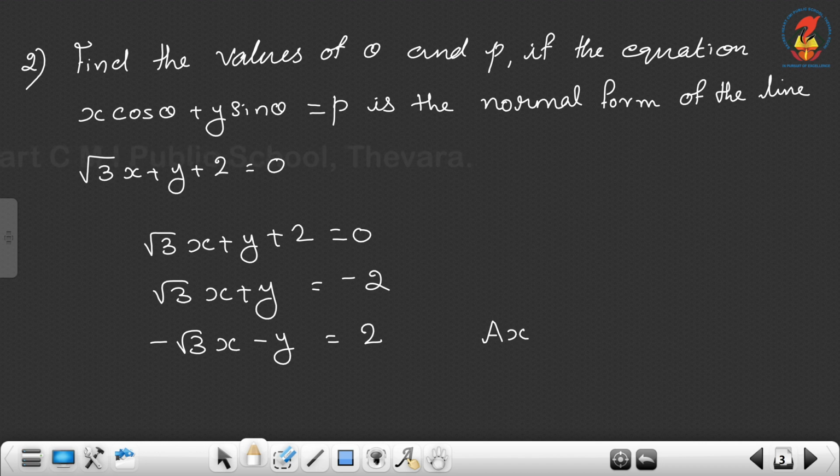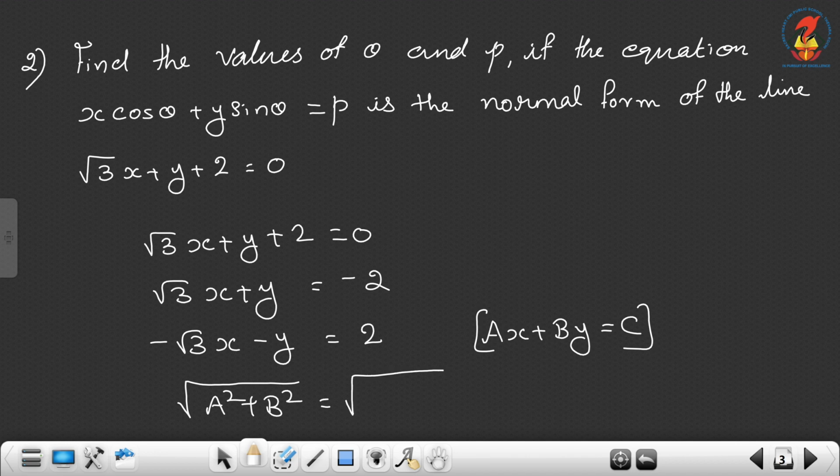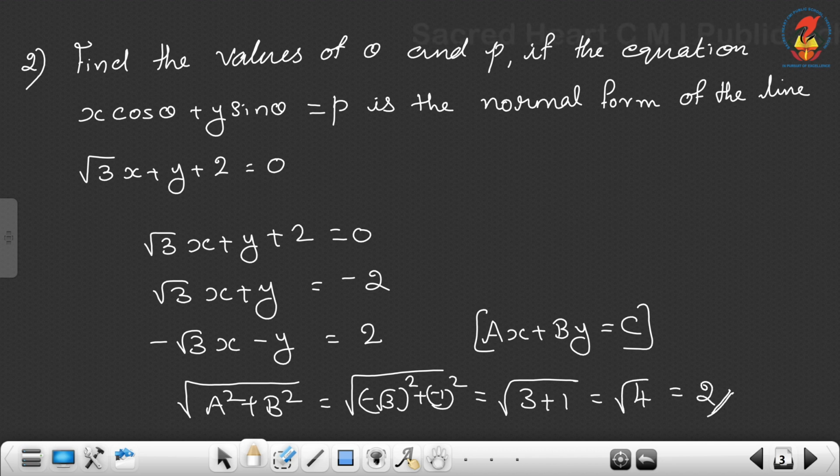Now after that step, this is in the form ax plus by plus c, or right hand side is c, in this form. The next step, do you remember? We have to find root of a square plus b square, that is square root of minus root 3 square plus minus 1 square. That is equal to root of 3 plus 1, that is root 4. Root 4 is 2, only plus 2, not minus 2.